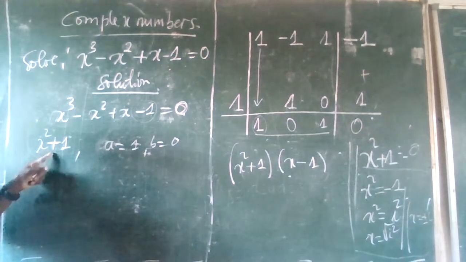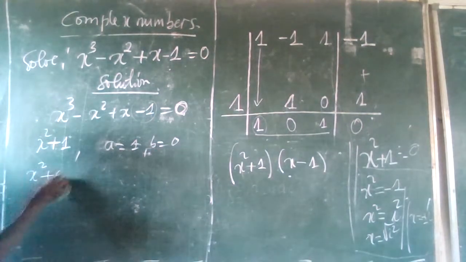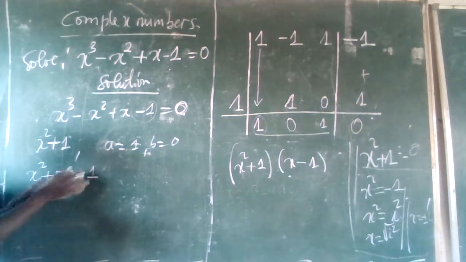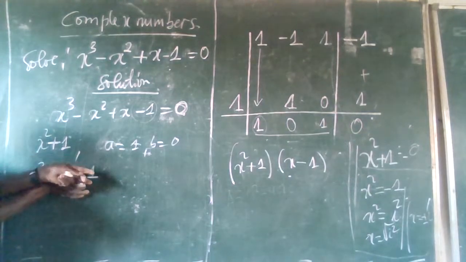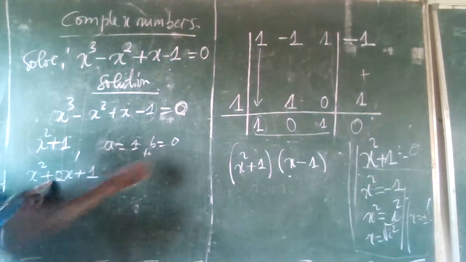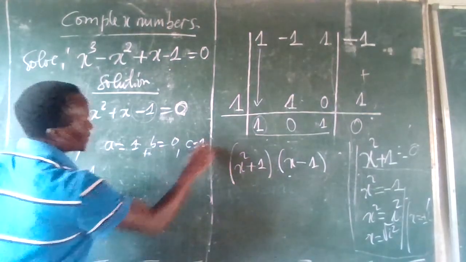It means x squared plus 0x plus 1. If we clean this one, we remain with x squared plus 1. So b is equal to 0, and now c is equal to 1. Right?